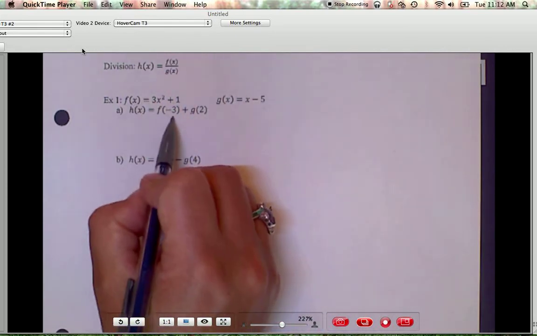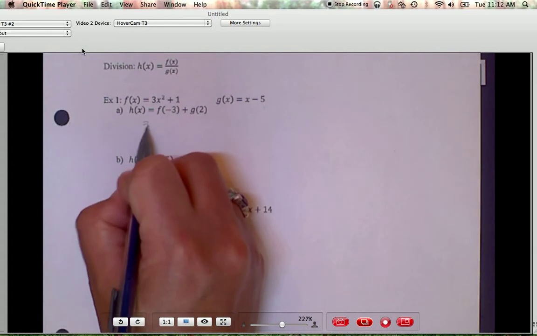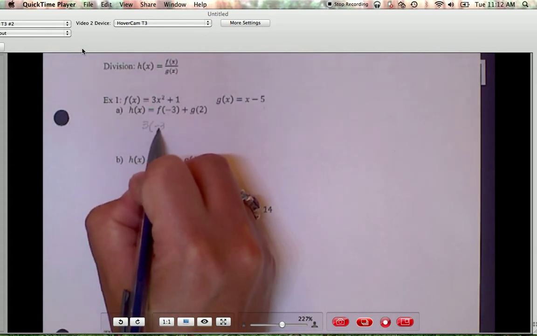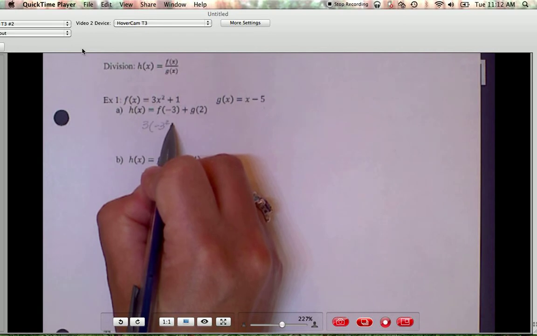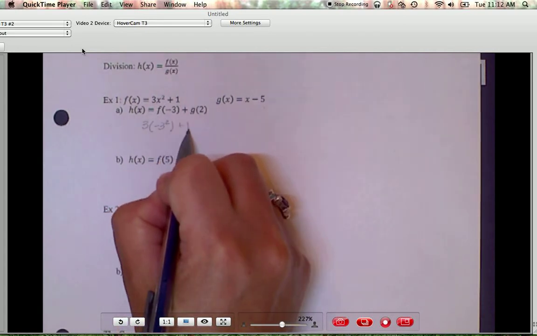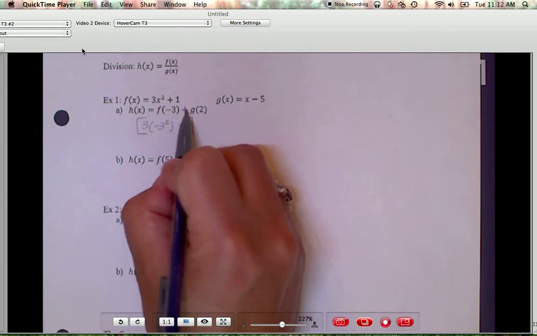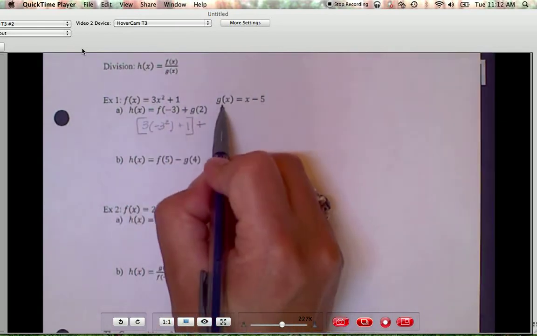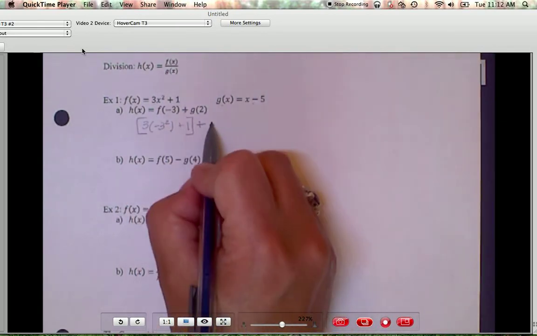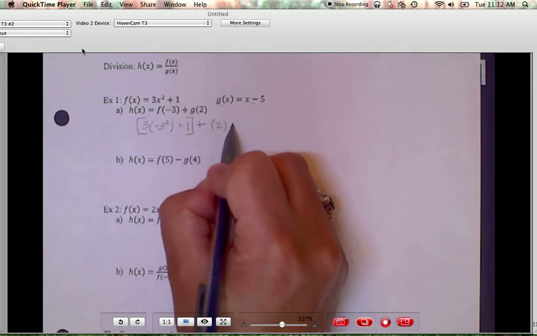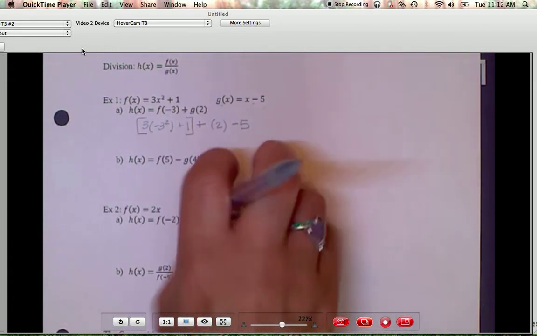So f of negative 3 would be 3 times negative 3 squared plus 1, plus g of 2, which is 2 minus 5. Now you really don't need the parentheses here.